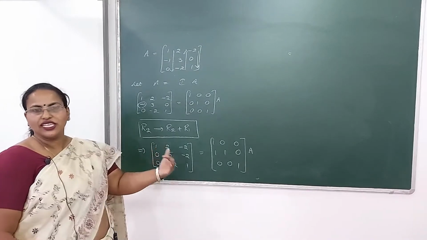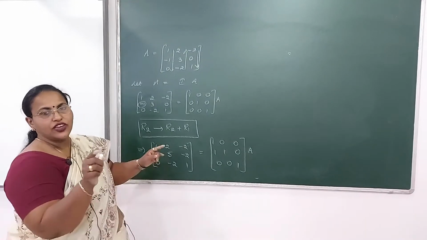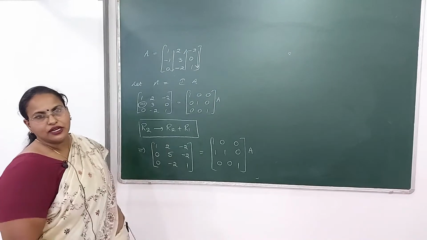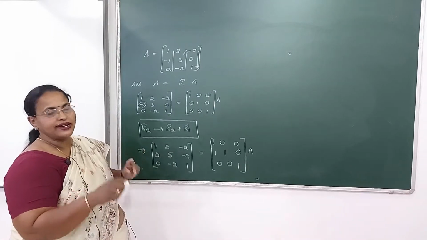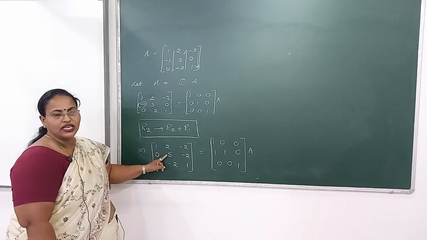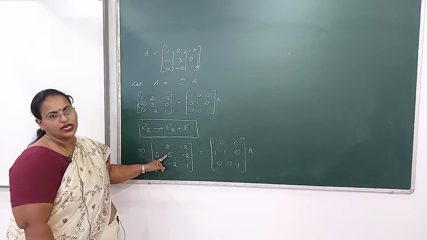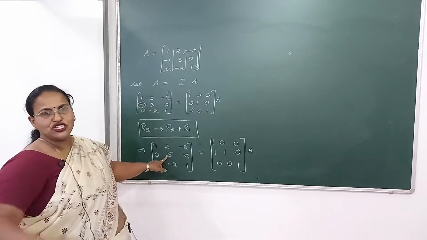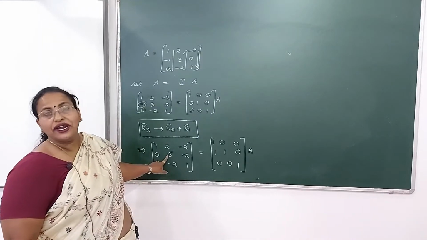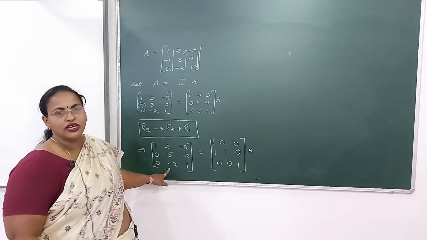See this, after applying this operation you will find that the first column is ready. Now I will move to the next column, and next column means which position you will deal with, the diagonal element, and second column diagonal element is this A22. So here you are finding the element 5. Now how to get 1? So two options are there. Either you divide it by the same, or you can take the help of R3.